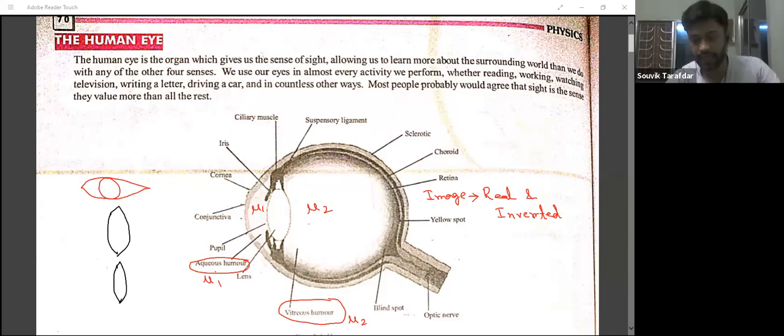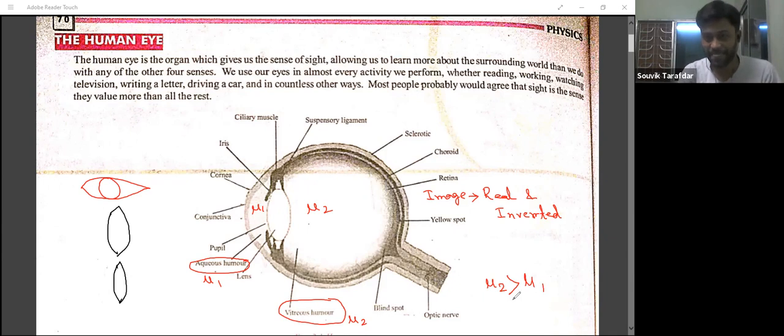Why are you saying that? You are saying that vitreous humor is higher, meaning mu2 is greater than mu1, right?